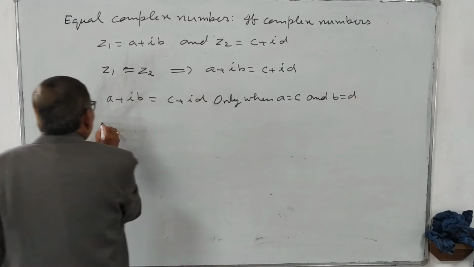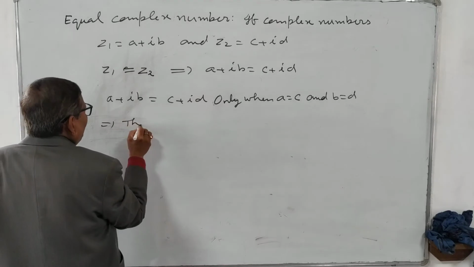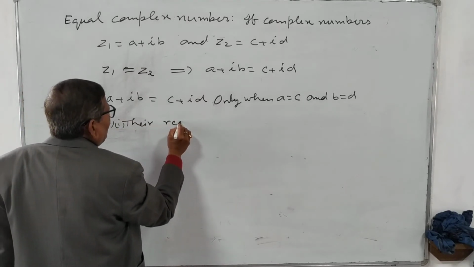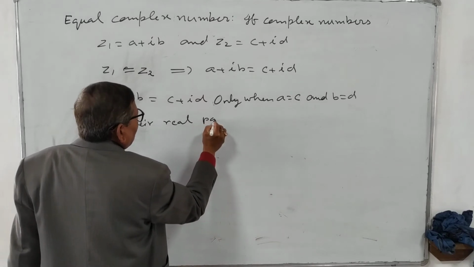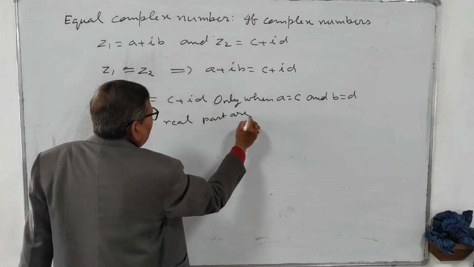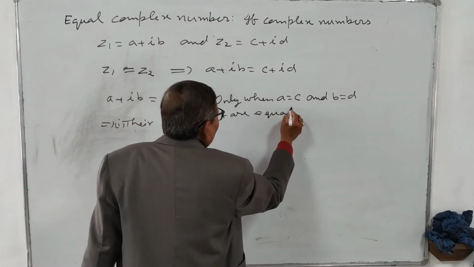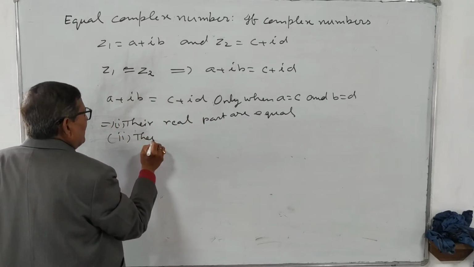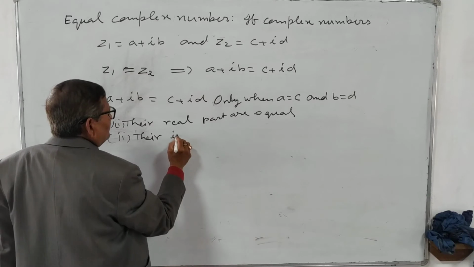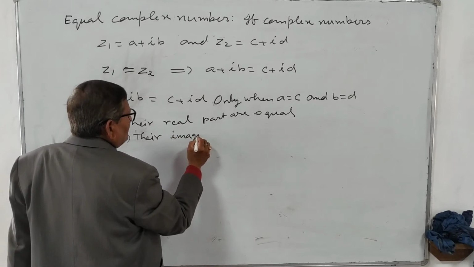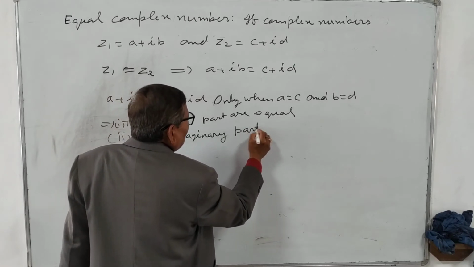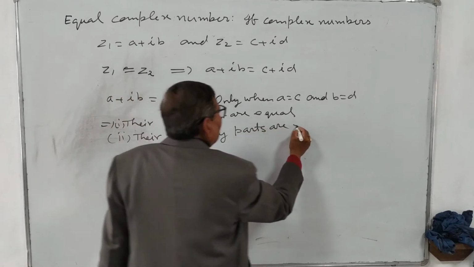Means, number one, their real parts are equal and second, their imaginary parts are equal.